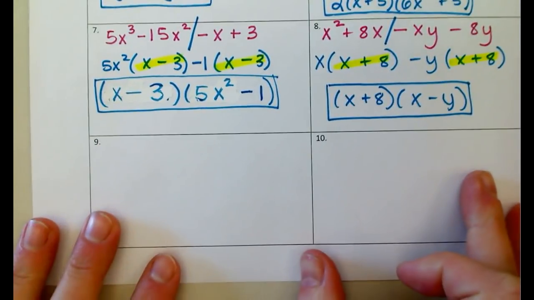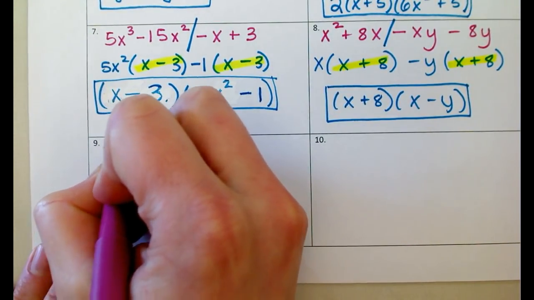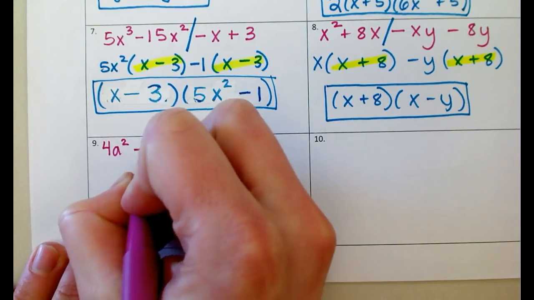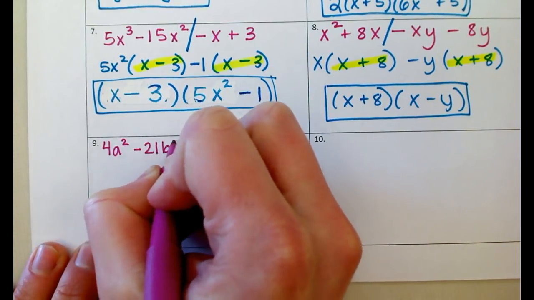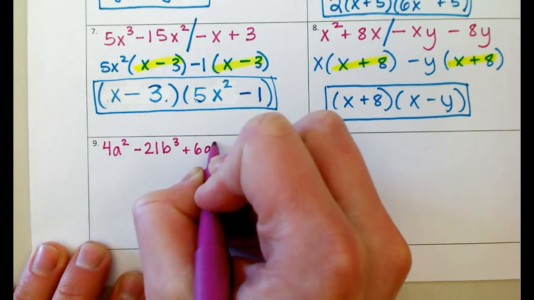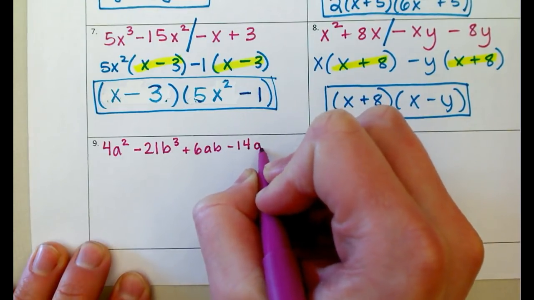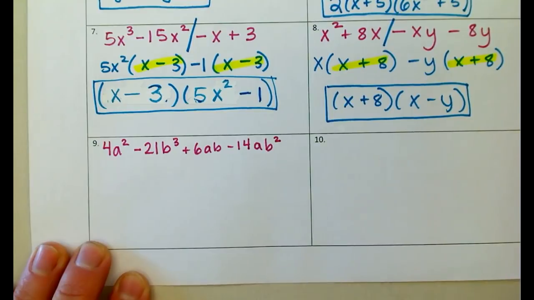Okay, number 9, our problem is 4a squared minus 21b cubed plus 6ab minus 14ab squared.